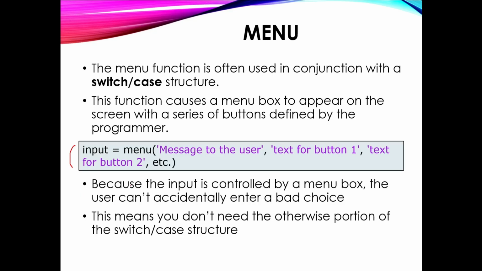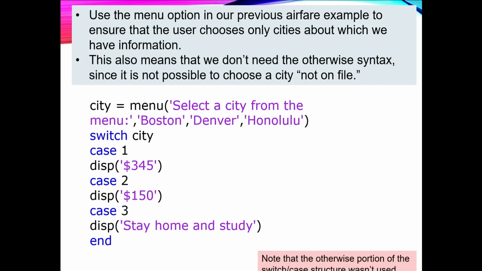Unlike the switch and case structure, the input for the menu function is controlled by the menu box, so the user cannot accidentally enter a bad choice. So it means that you do not need the otherwise portion of the switch case structure for the menu function to work.